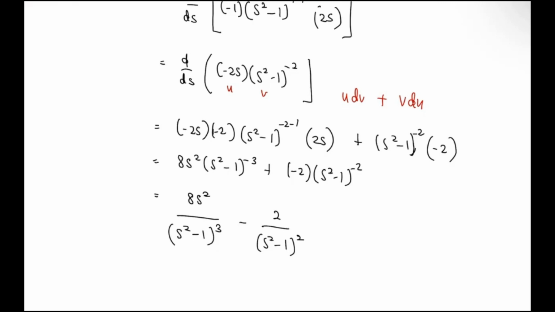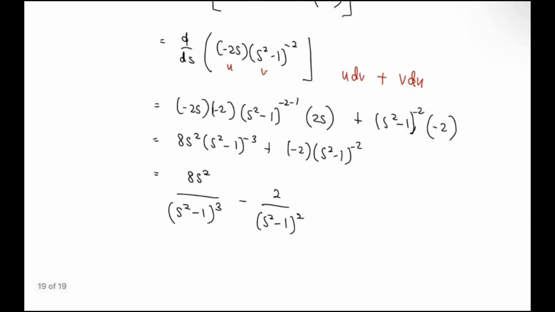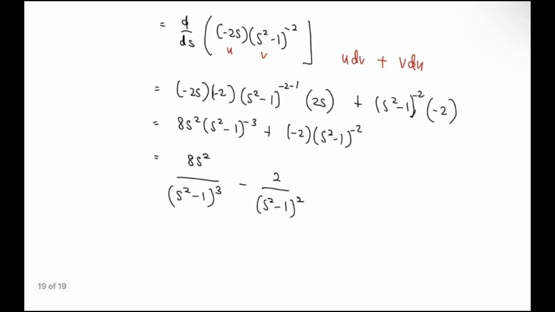Okay, so this is our final answer. This is already in simplest form. If you don't like this form, you can combine these two denominators, right? So what you need to do is multiply once again with s squared minus 1 over s squared minus 1.